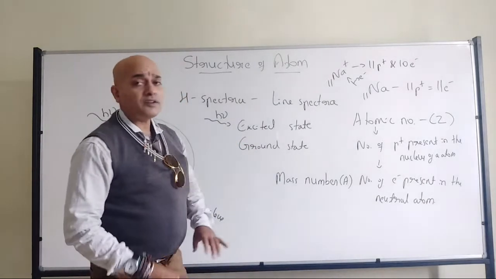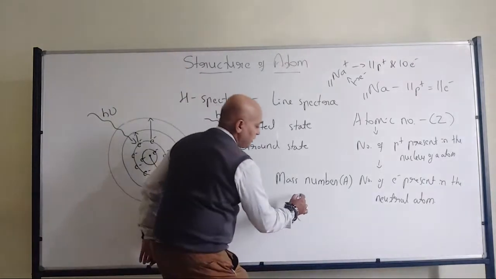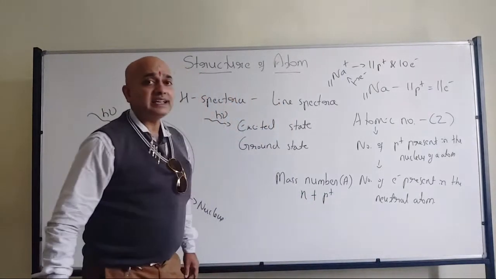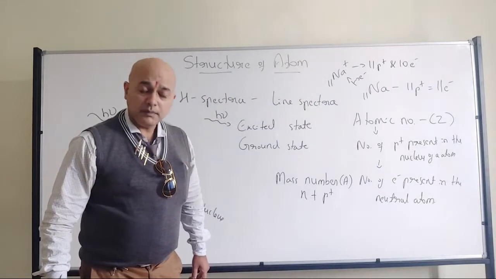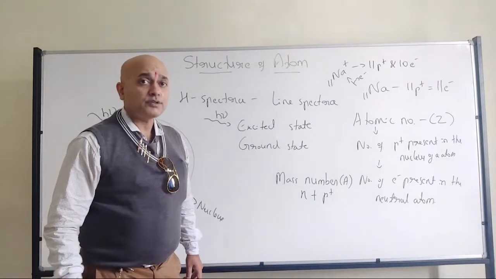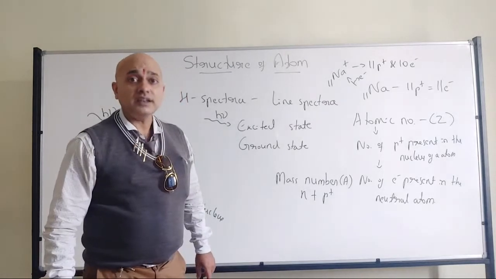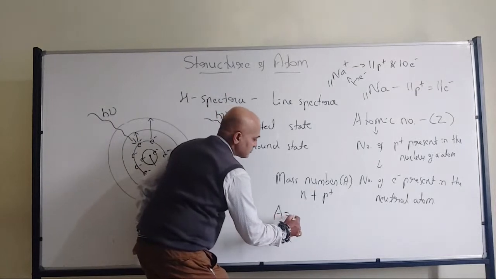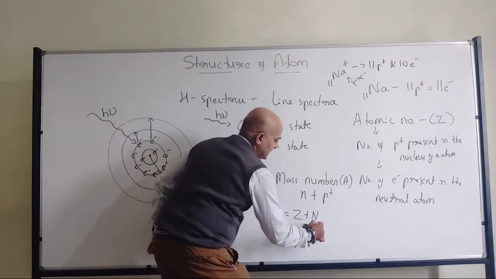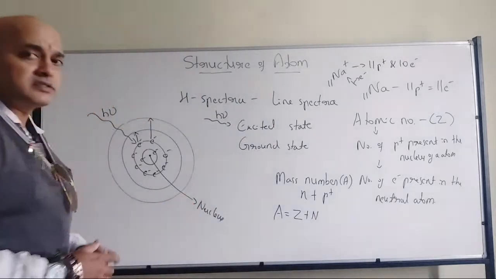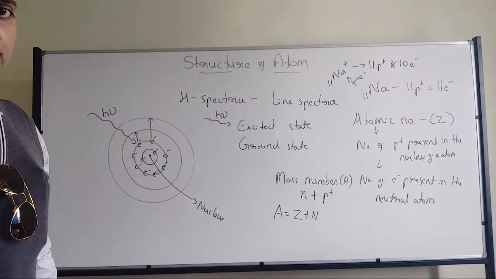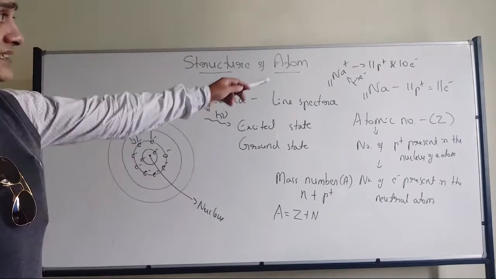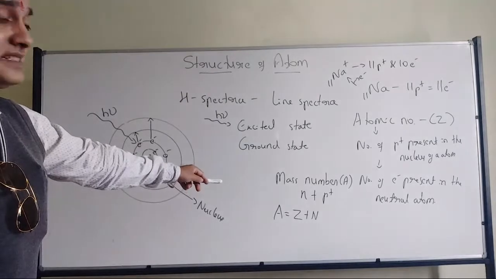So the mass of the atom, that is the mass number, is nothing but the number of neutrons plus the number of protons present in the nucleus. All of you have understood? So I can write A equals Z plus N, where capital N is the number of neutrons and Z is the atomic number.